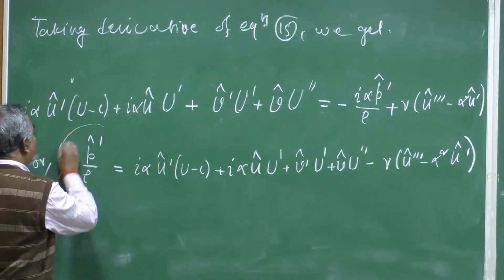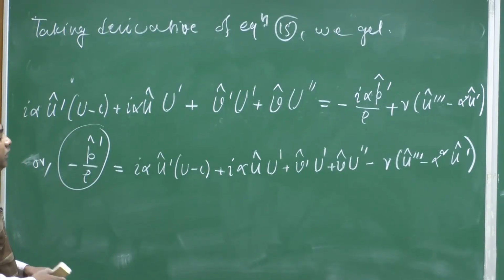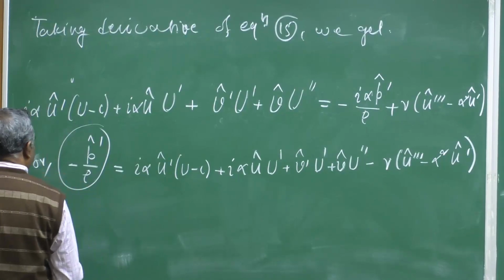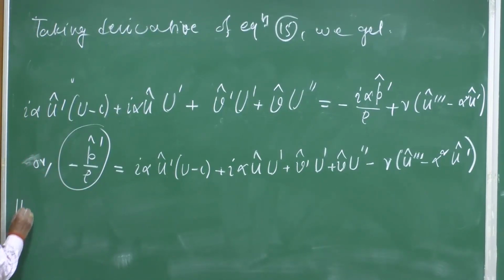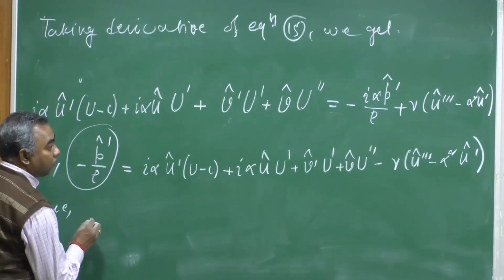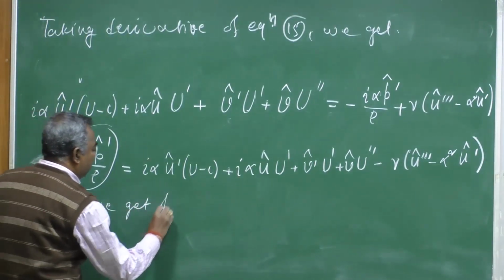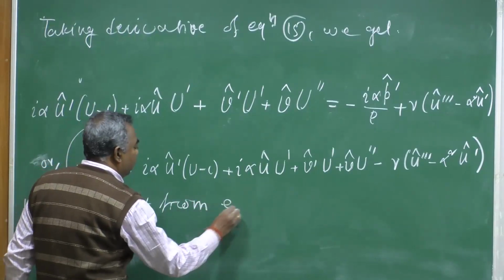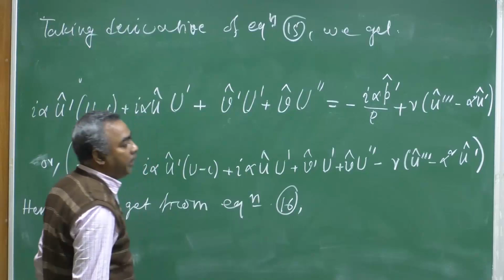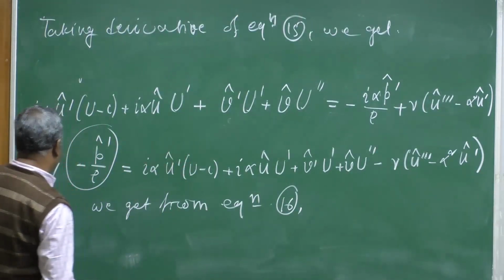Now, this particular value we can replace in equation 16. Hence, what do we get from equation 16? We write everything except we replace this particular term there.